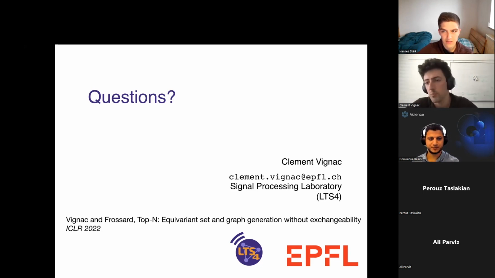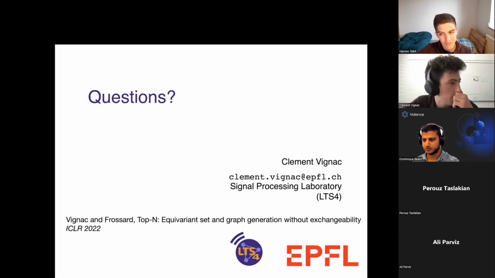Yeah, it's basically super simple. Imagine that you have node features and you want to compute edge weights. That's the setting. The simplest thing to do is just to compute the vector product between your node features.